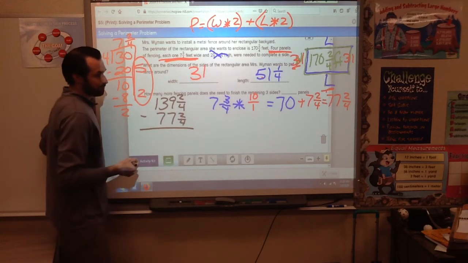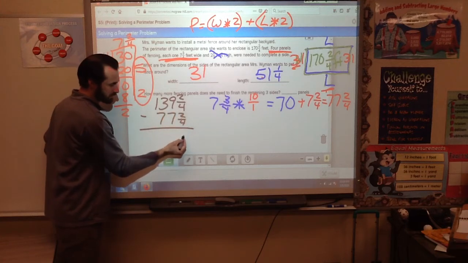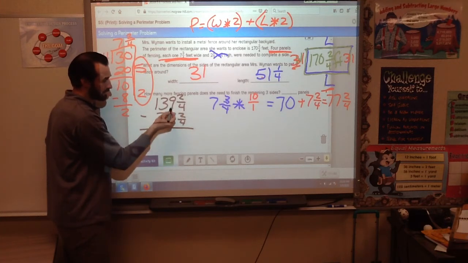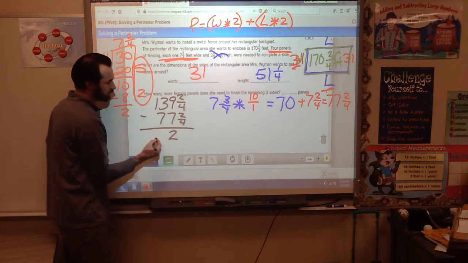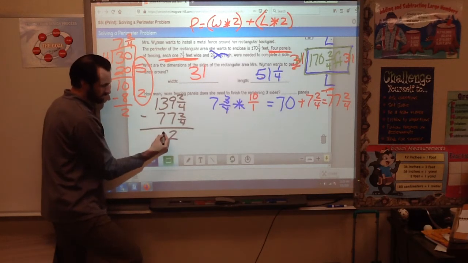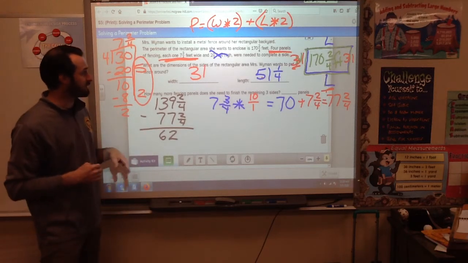So go ahead and do that. 2/4 minus 2/4, 0/4, I'm not going to put anything there. 9 minus 7, 2. And 13 minus 7 is 6. We need 62 more feet of fencing.